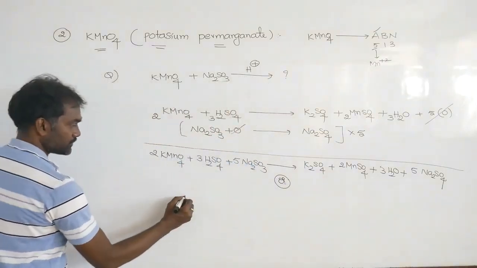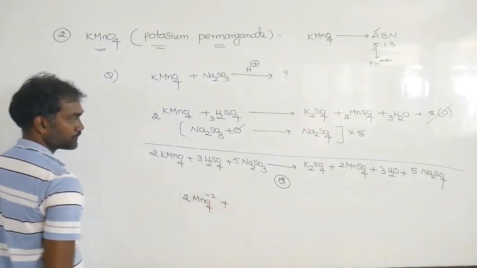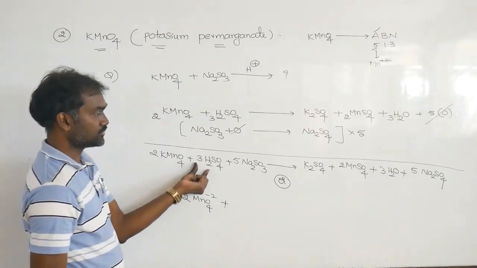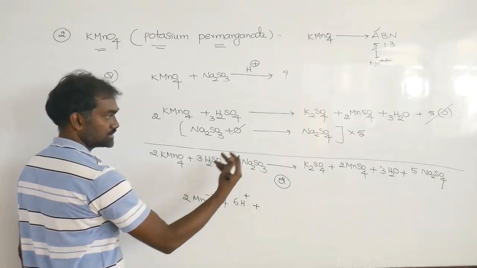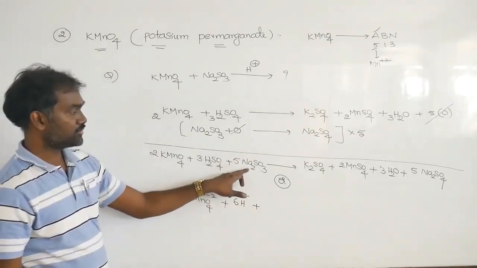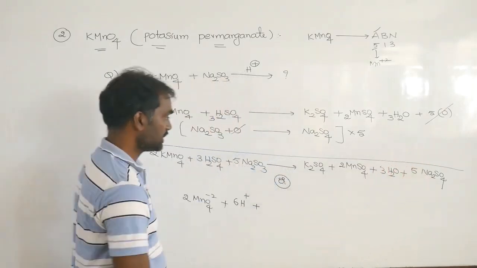Now you want it in simplified manner: 2 MnO4 minus, 2 plus, 3 2s are 6 H plus. Sulfates are cancelled. 5 2s are 10 sodium, 5 2s are 10 sodium, that also cancelled.